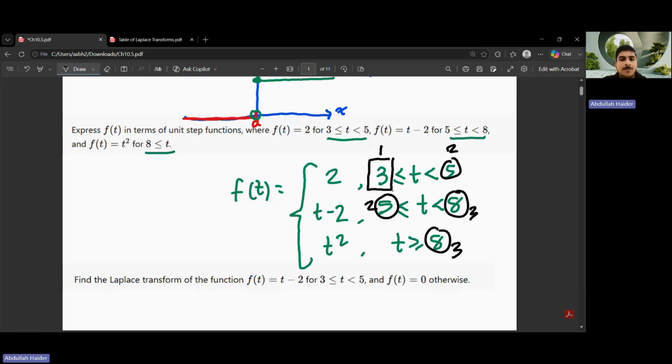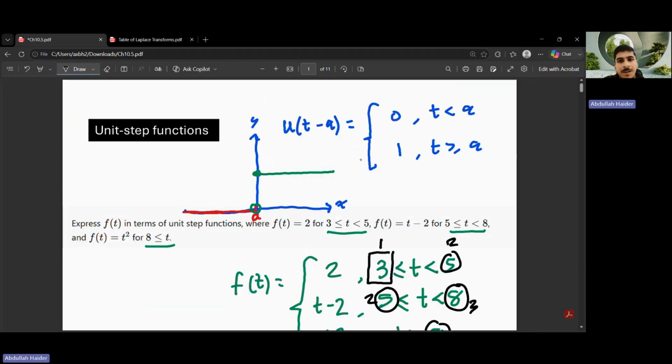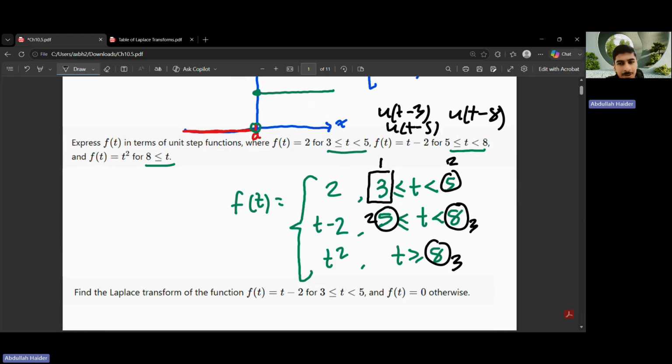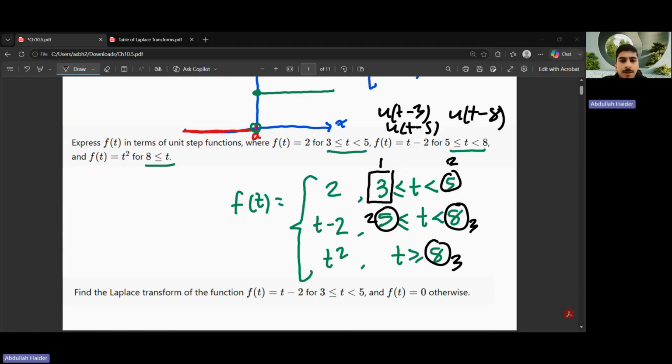What I mean by this is you need to answer based on the selection of a's. As we saw here, u(t minus a). So we want to have something like u(t minus 3), u(t minus 5), and u(t minus 8) for this question. So we need three forms. We start with the first one, in which a is equal to 3.